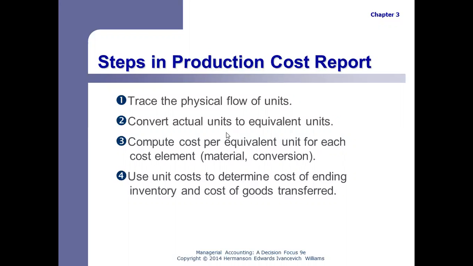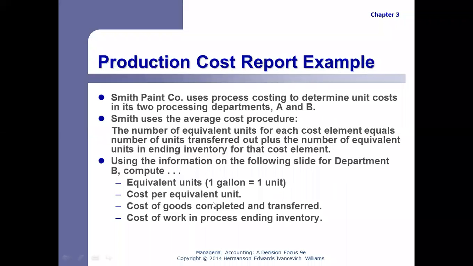Then we compute the cost per equivalent unit, as we saw earlier, and then we use the unit cost from step 3 to determine the ending inventory and cost of goods transferred amounts. We'll go through those steps.